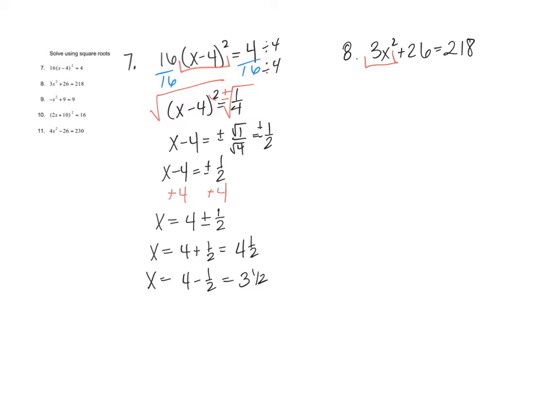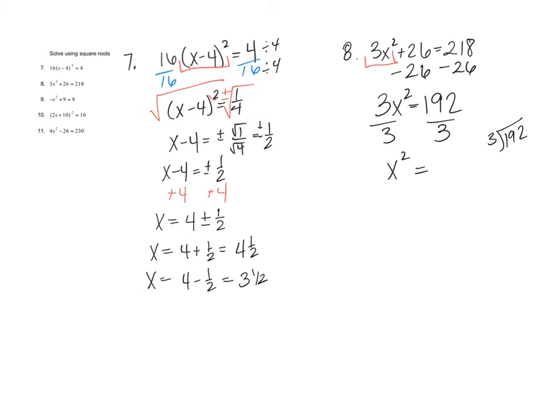So I'm going to work on getting my x squared term by itself. First, I'm going to subtract the 26, and 3x squared equals 192, and then divide by 3, and x squared equals, just divide that real quick, 6 times... 64. X squared equals 64. And now I'm going to take the square root.